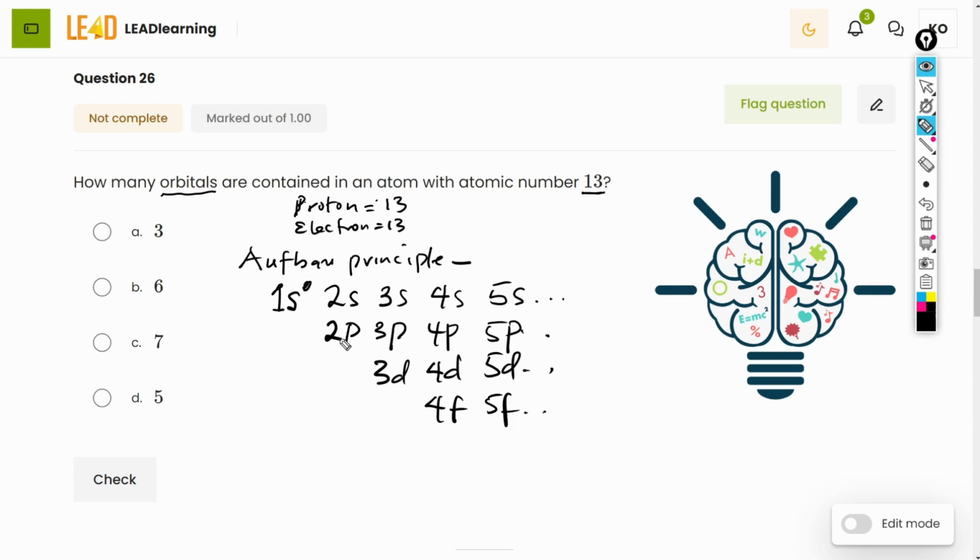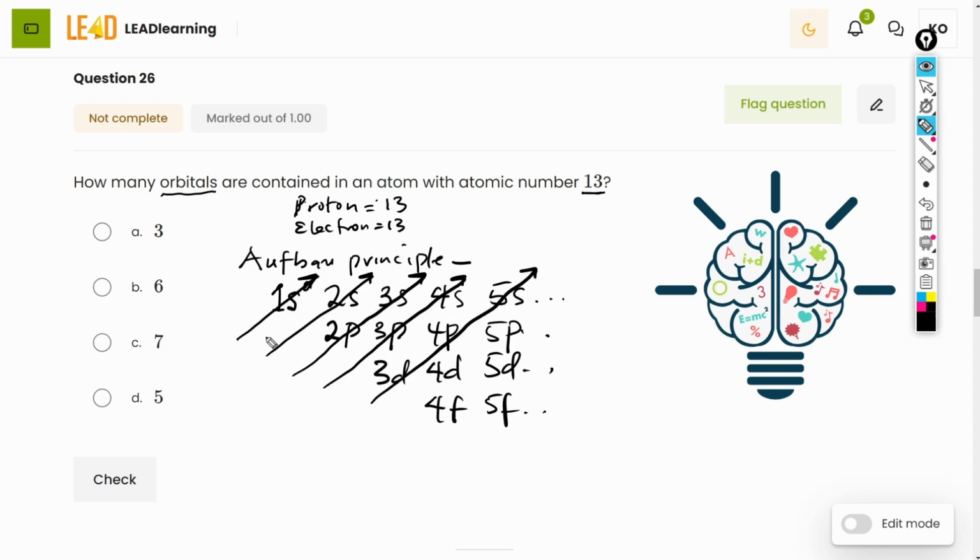Now, according to this arrangement, the orbital of the lowest energy level is 1s, as my arrow moves, then 2s, then 2p, then 3s, then 3p, then 4s. It goes like that. Now let's do the configuration.